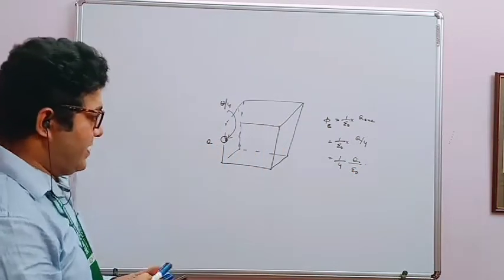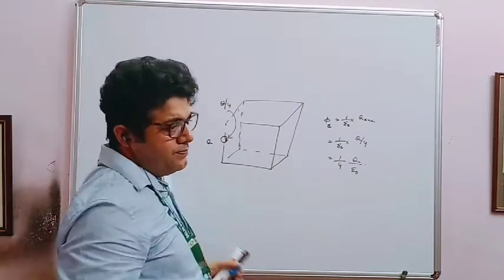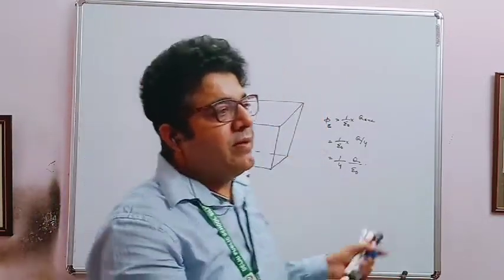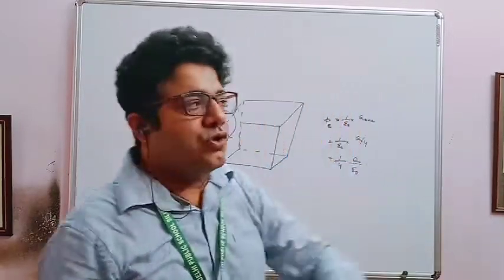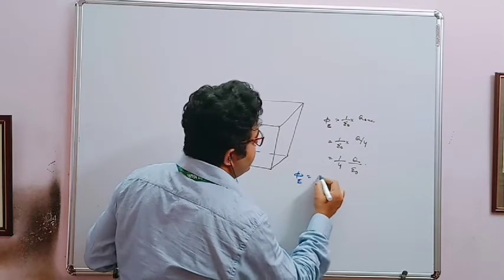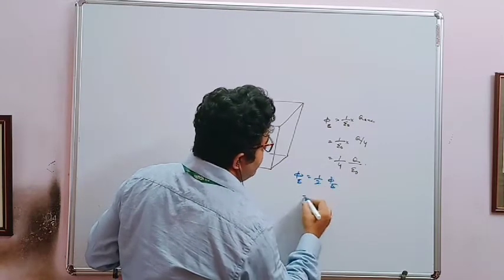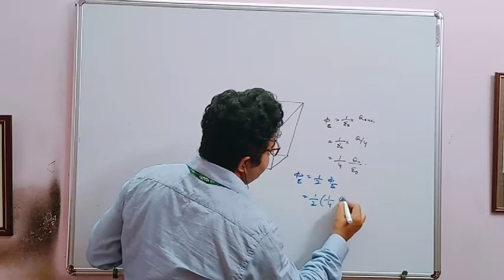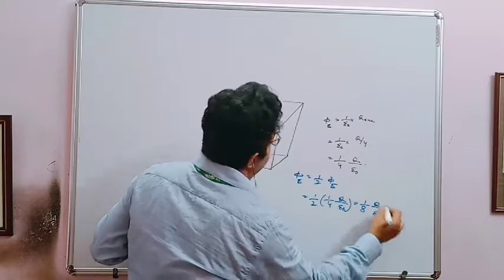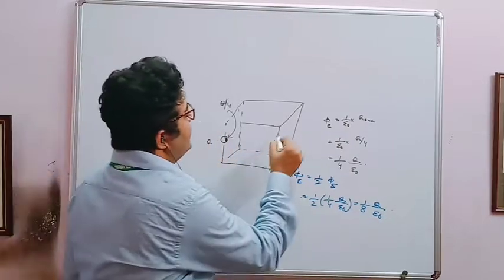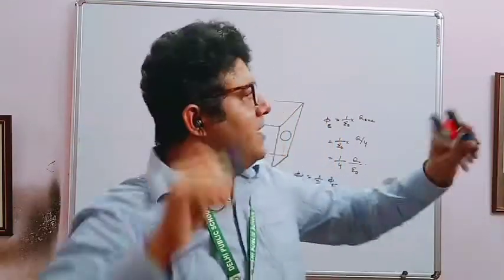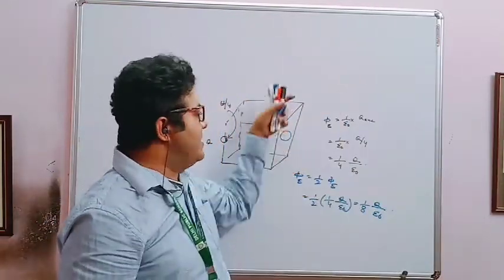After that, they can ask you how much flux through the connecting face. So when you have a beam, a beam connected to 2 walls, so there are 2 connecting faces. Flux through each connecting face is half of this one. So what you have? 1 by 4 Q by epsilon naught, half of that, is 1 by 8 Q by epsilon naught. The next one is they can put the charged particle on the wall, means on the side.